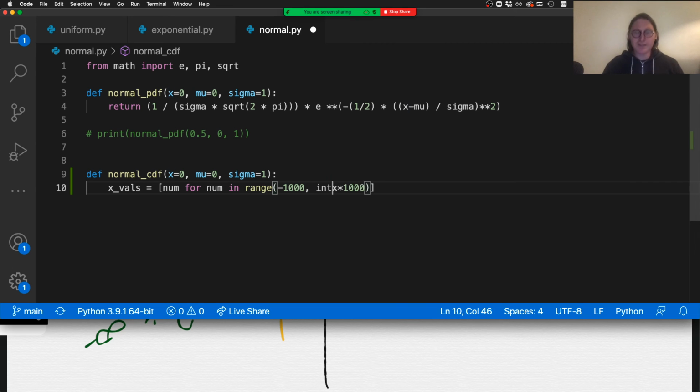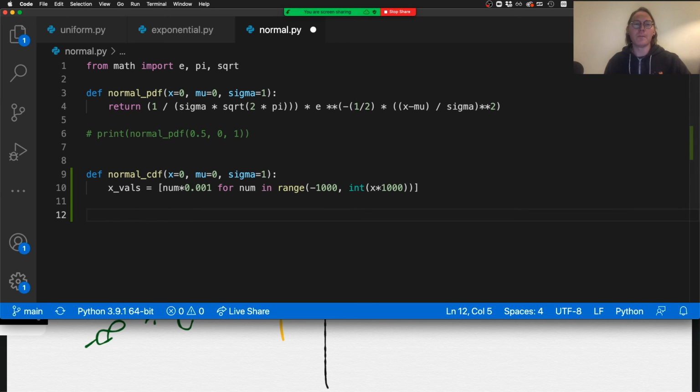And I need to cast this to be an integer. And we want to be fairly granular with this. So I'm actually going to modify all of these numbers by 0.001. Okay. So this is going to get us a range of values, and then you're going to pass these into your PDF and accumulate the areas of those rectangles.